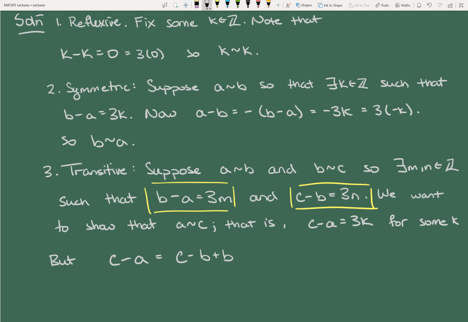Right, so I haven't done anything crazy. I've just added in a 0, but I'm going to re-bracket these. And again, this step really isn't necessary, but I'm going to re-bracket this just so we can see exactly what's happening. And voila, what do you know? Now we have B minus A and C minus B. Those are exactly the two things in the yellow squares.